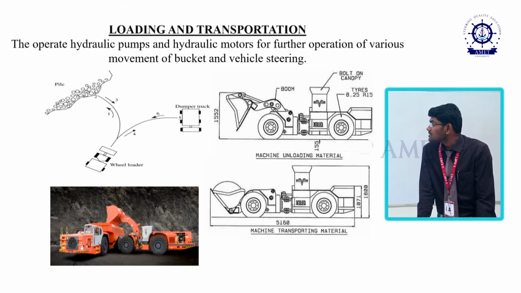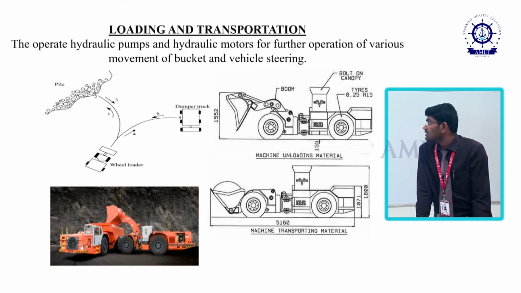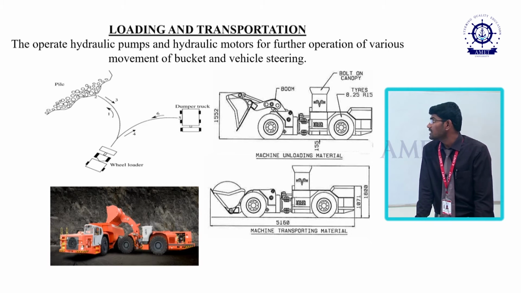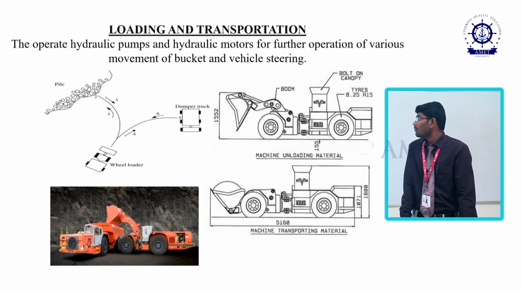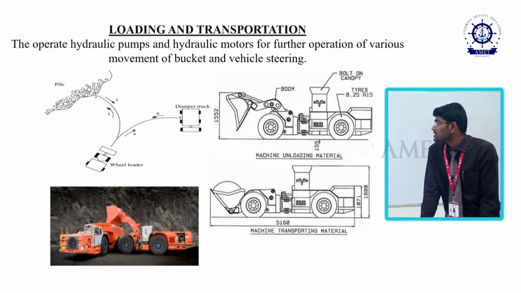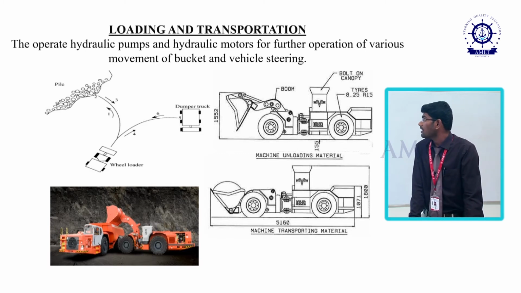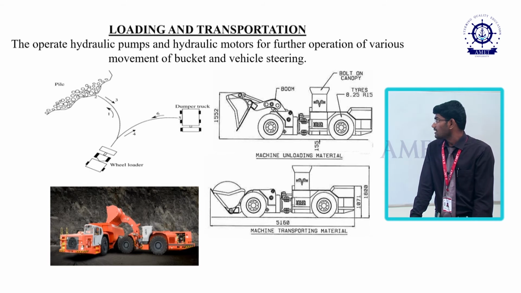Then in the fourth stage it goes in front of the dumper truck, in the fifth stage it dumps the material into the dump truck, and in the sixth stage it comes back to the original position. There are a total of 6 stages in one loading and unloading cycle.